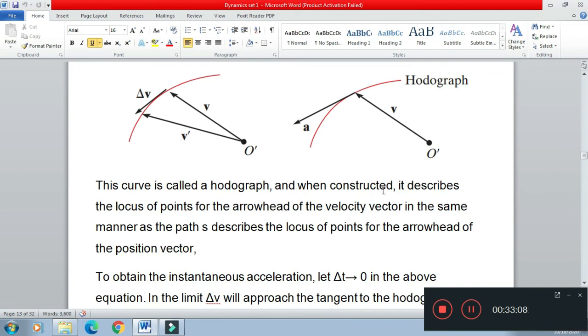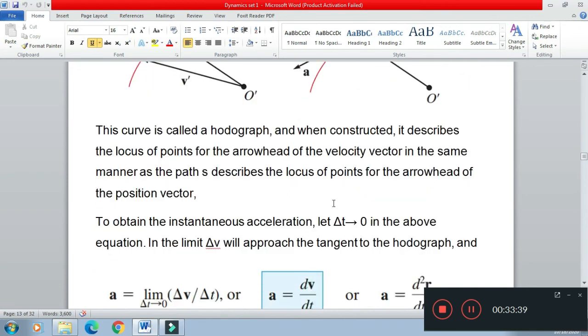So the hodograph describes the locus of points for the arrowhead of the velocity vector in the same manner as the path describes the locus of points for the arrowhead of the position vector. So the path of the particle is the locus of points for the arrowhead of the position vector, whereas the hodograph is the locus of points for the arrowhead of the velocity.